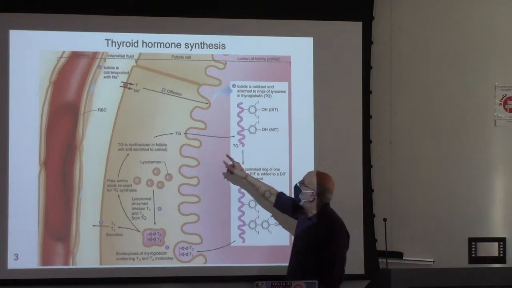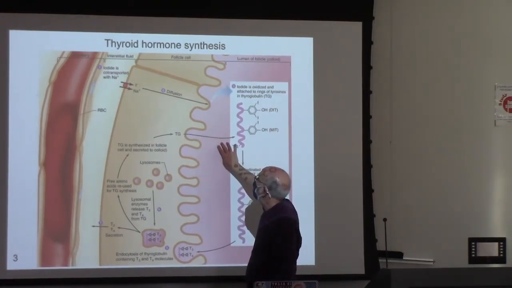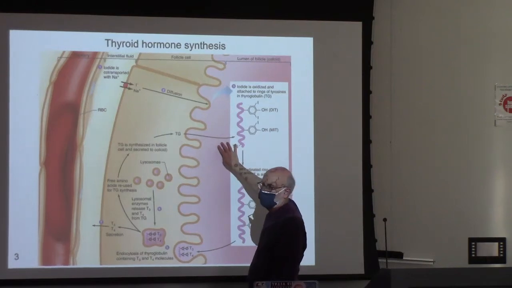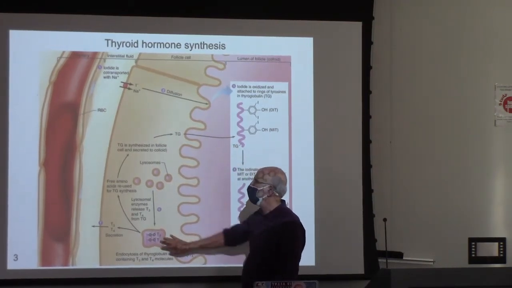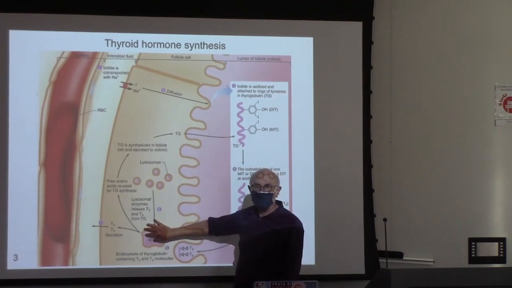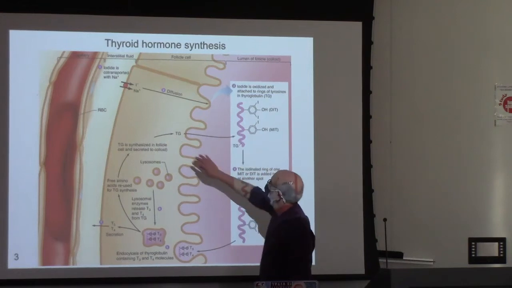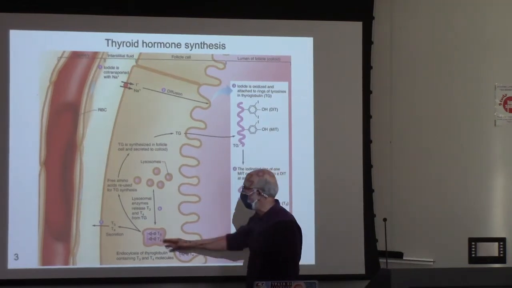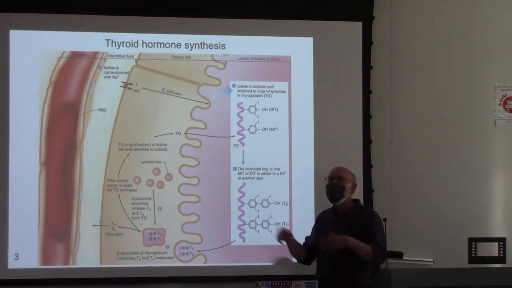And it's a protein that can be exocytosed into the follicle, lumen, the colloid, and endocytosed from the lumen into the cytosol of the follicle cell. So there's this cycle of exocytosis and endocytosis of thyroglobulin going on all the time.